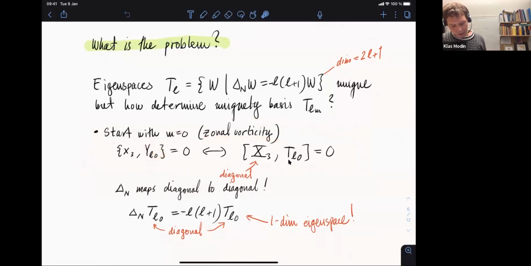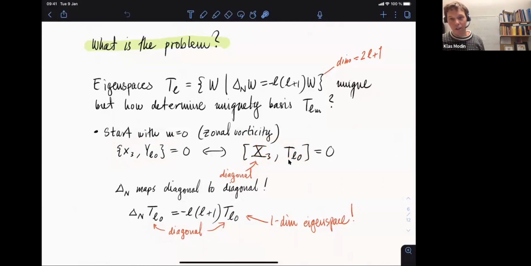So what this means is that these spherical harmonics commute with this x3 generator, right? It just means if you rotate about the x3 axis, nothing happens. And this is an infinitesimal rotation about this axis. So the corresponding quantized thing is that this TL0 should commute with x3.